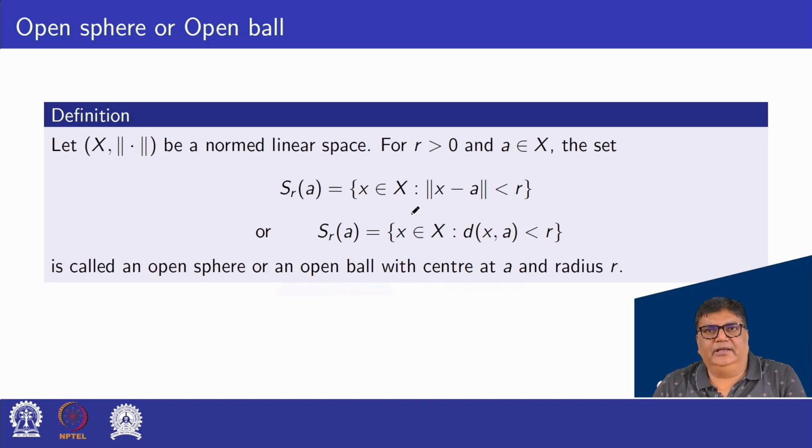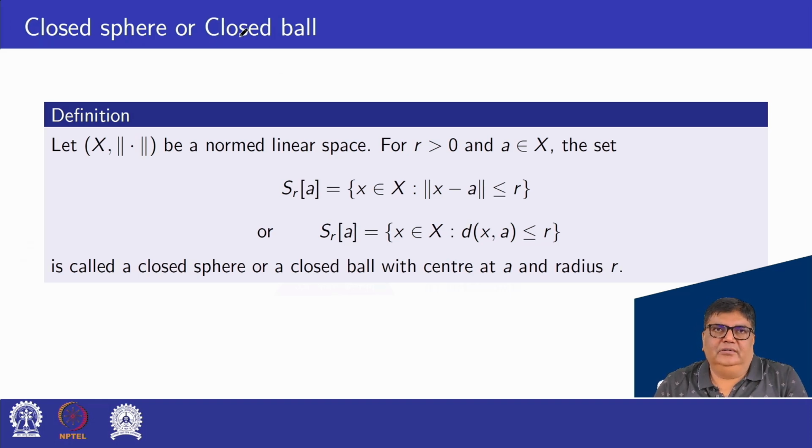Or it can be written as S(r,a) equal to the set of x belonging to X with metric d(x,a) less than r. If it satisfies this condition, we can call it an open sphere or open ball with center at a and radius r.